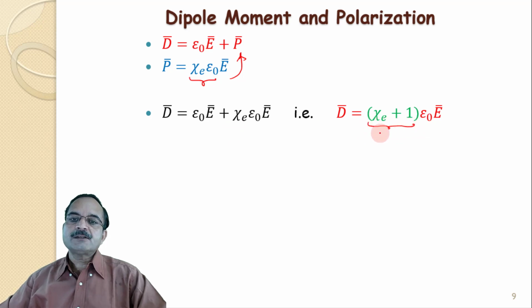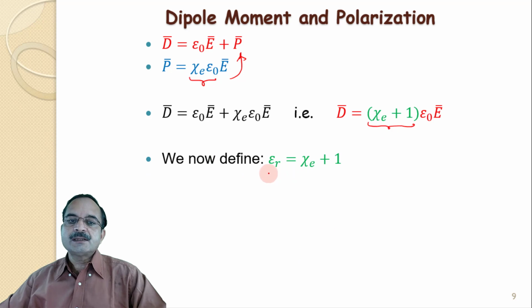We call this another constant, and this is nothing but the relative permittivity of the material. So the relative permittivity of the material is susceptibility plus 1.